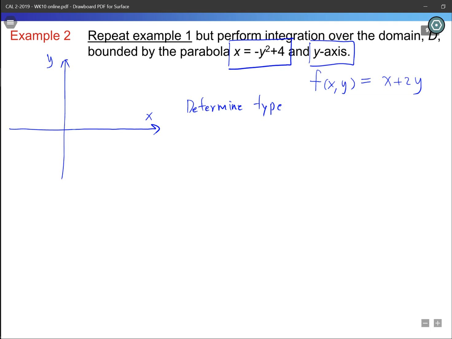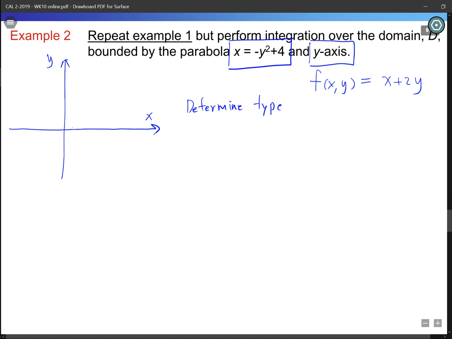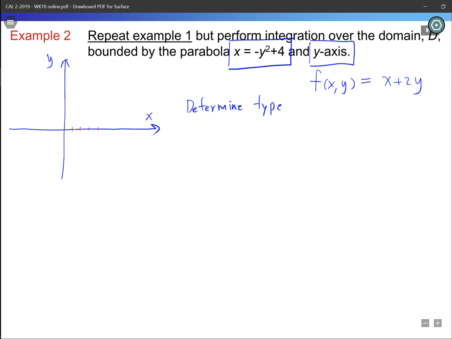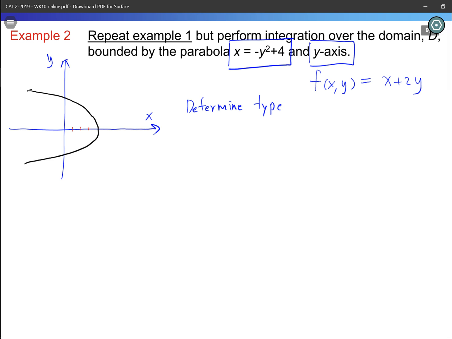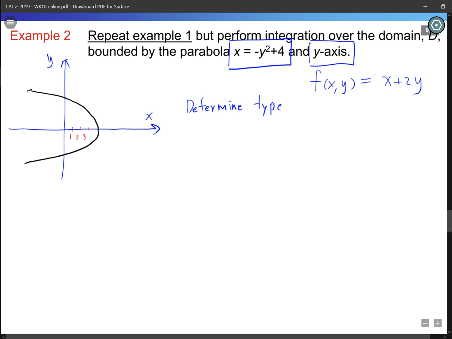So I want you to think about this, and if you think hard enough, you should be able to see that it's going to be a parabola on the side and shifted up 4 units, and it should look like this. 4 units, and 1, 2, 3, 4.